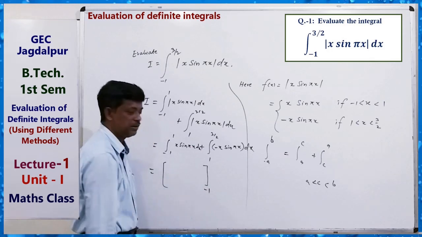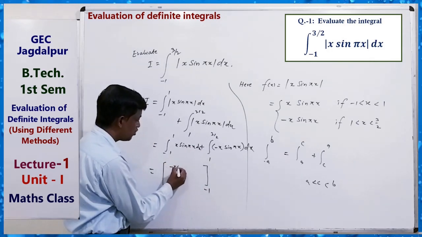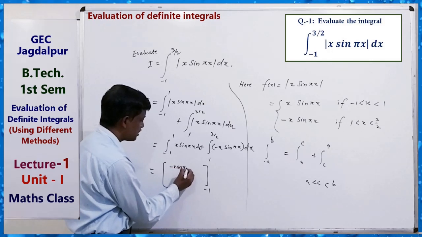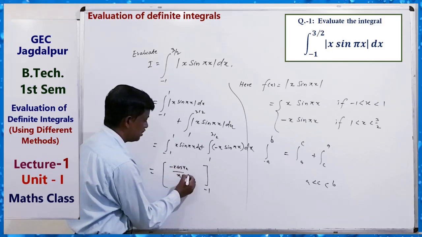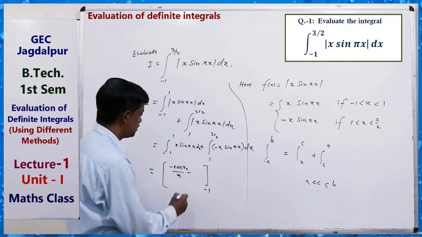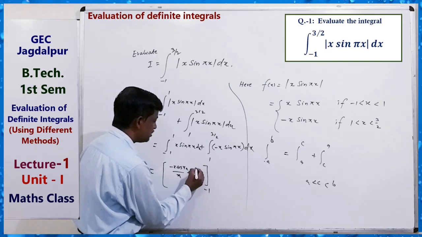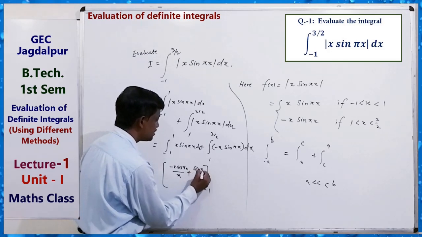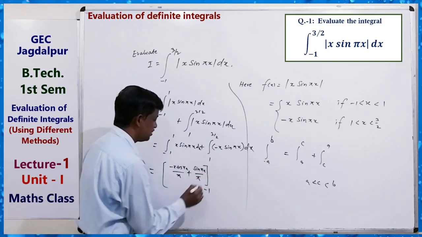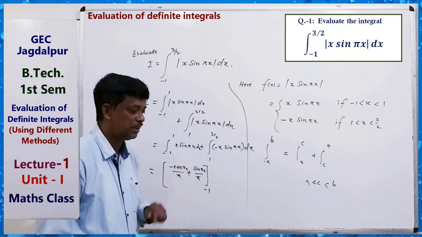Minus 1 to 1. So here, minus x, first function, cos pi x upon pi, plus sin pi x by pi. Just using by parts, we can get like this.